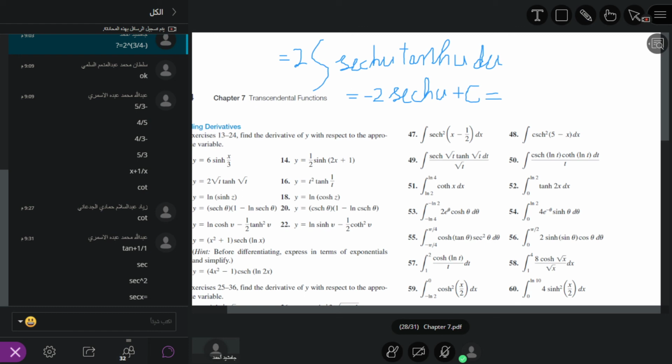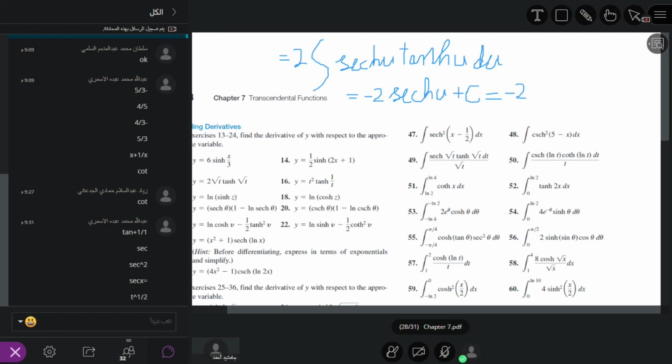Now what is u? We supposed u is equal to t power 1 by 2. Thus we get minus 2 sec hyperbolic of t power 1 by 2, plus constant.